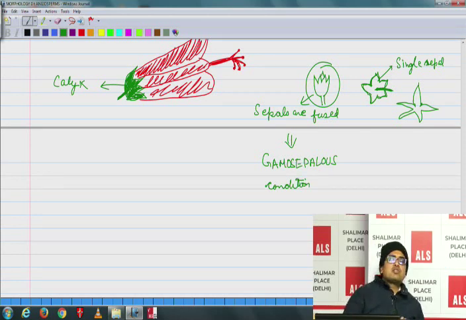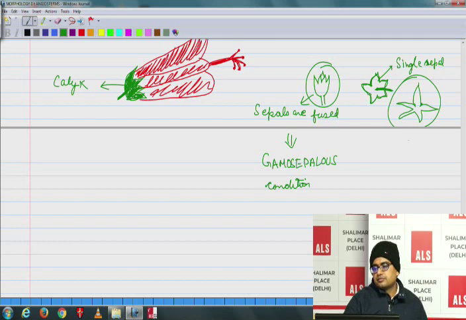Gamosepalous, what does gamosepalous mean? Sepals are fused. If they are free, like this, sepals are free, then you call it polysepalous condition.